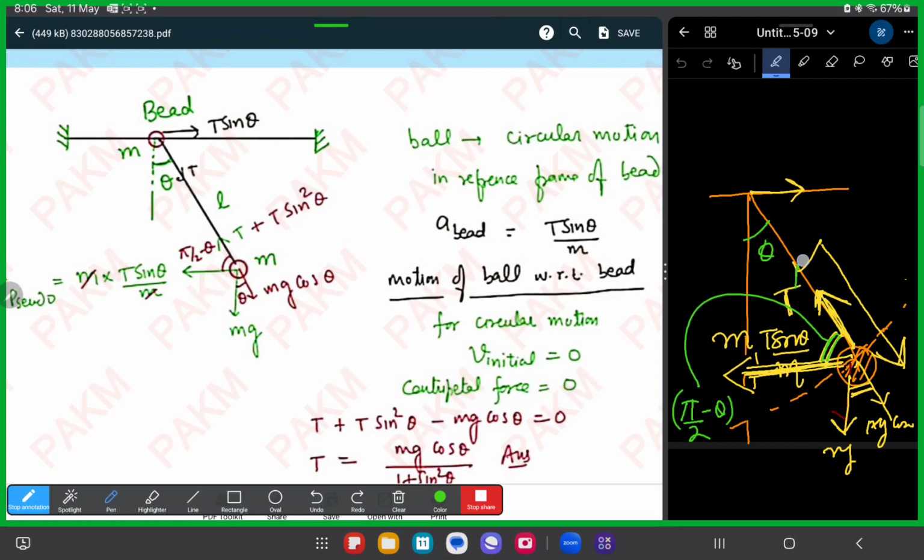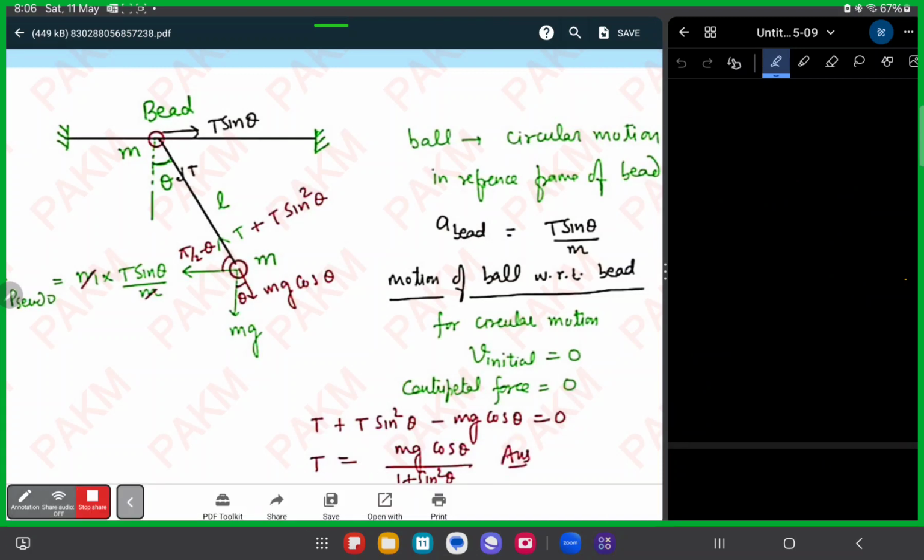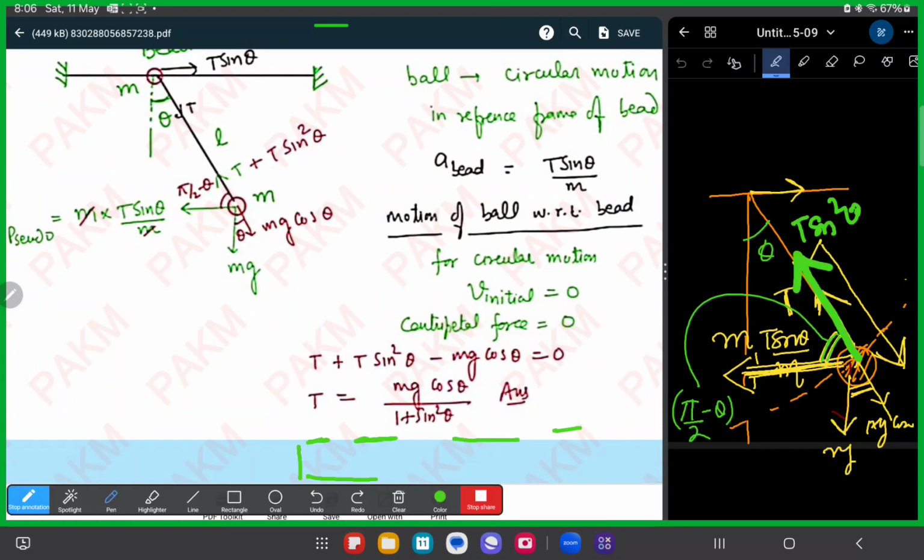So the component along the given direction will be t sine square theta, because sine theta is already there. So T minus t sine square theta minus mg cos theta should be equal to 0. Once we arrange, ultimately we get the relation T is equal to mg cos theta plus t sine square theta.